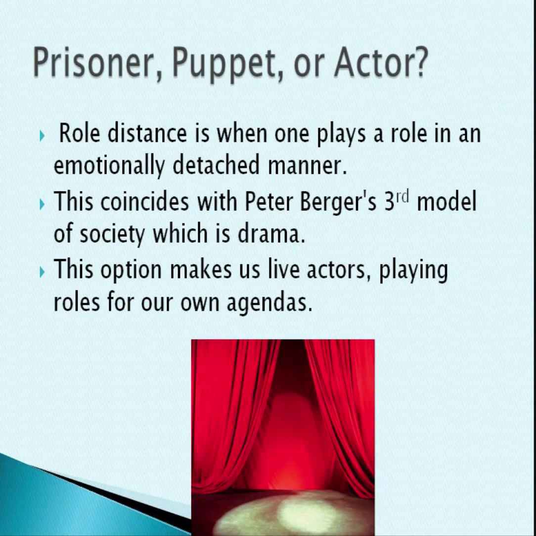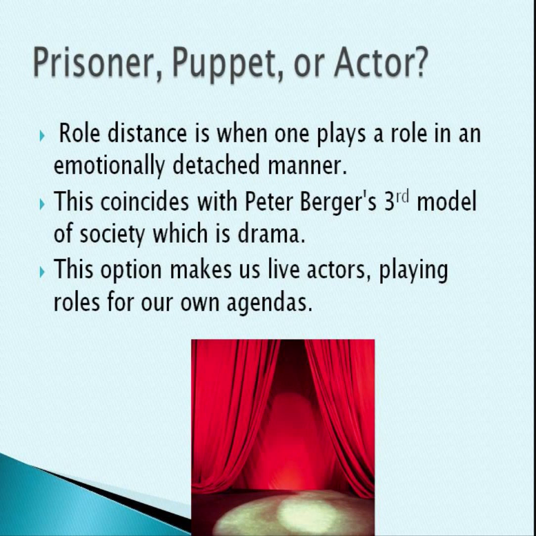So it seems society makes us, as the sociologist Peter Berger put it, prisoners, for we are forced to comply with roles and statuses and norms, or puppets if we actually want to comply with these. But Peter Berger put forth a third model, which is role distance.